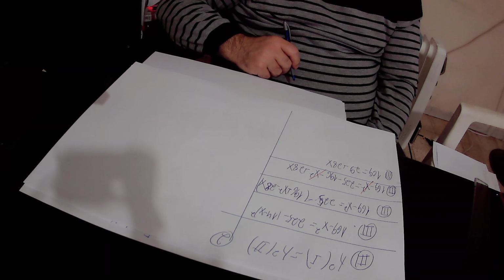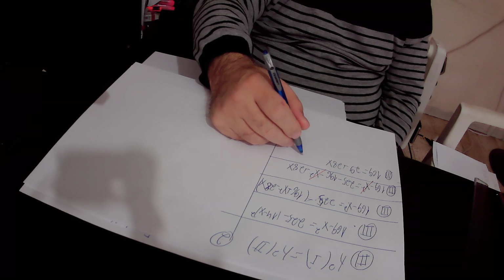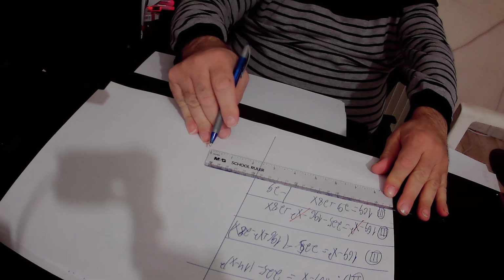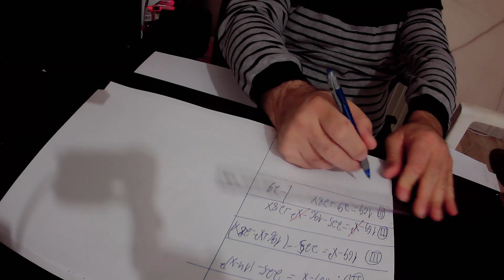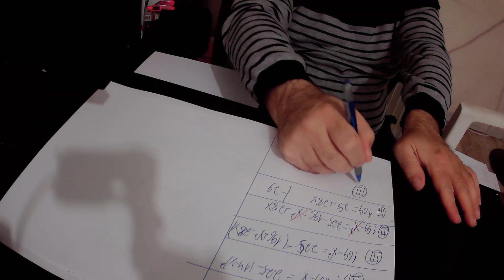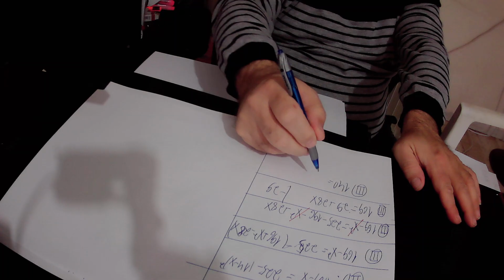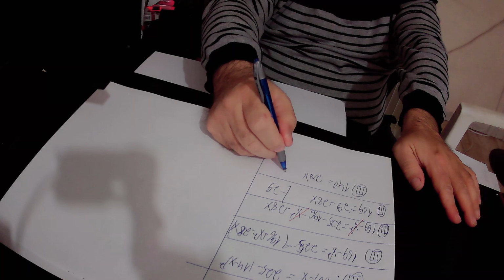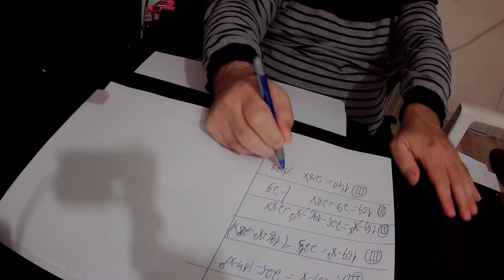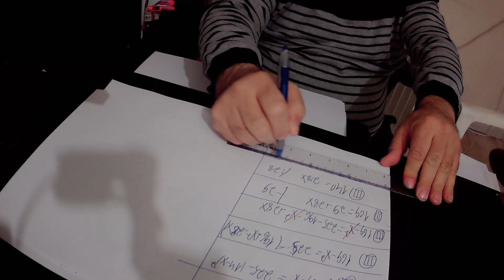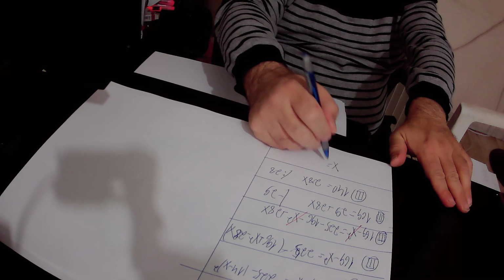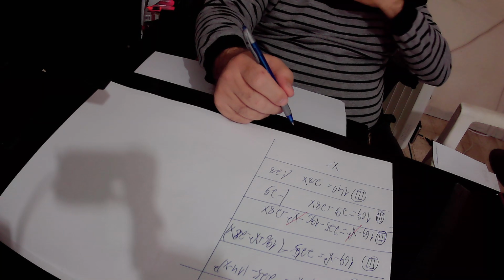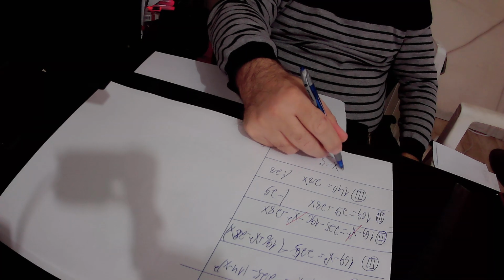Here we subtract 29 from equation number 3, and we get that 169 minus 29 is 140. 140 equals 28x. Here we divide equation number 3 by 28, and we get that x equals 140 over 28, which is 5. So x equals 5.